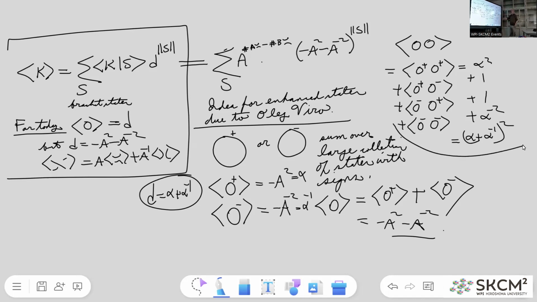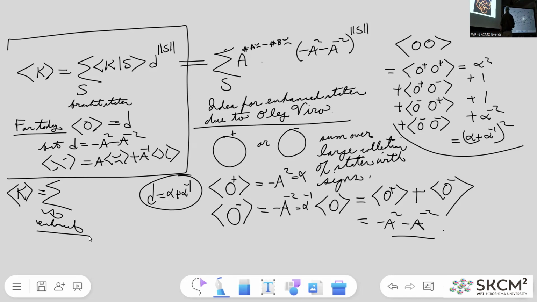And instead of having to put in the power to the number of loops, I can forget about counting loops altogether. I just have to count how many loops have plus, how many have minus. That I still have to think about. And I'll get a new formula for my new state sum. So my new state sum is equal to the sum over S, enhanced.